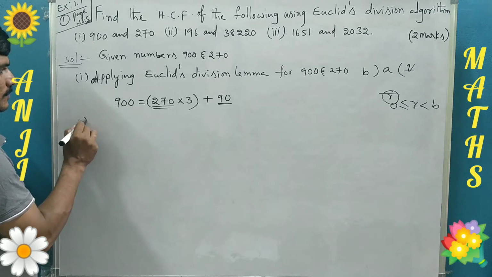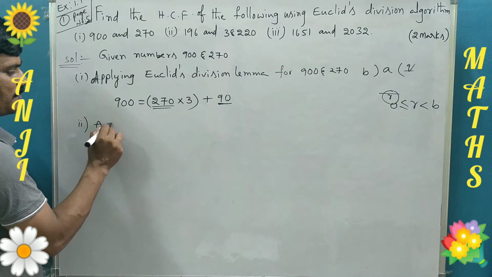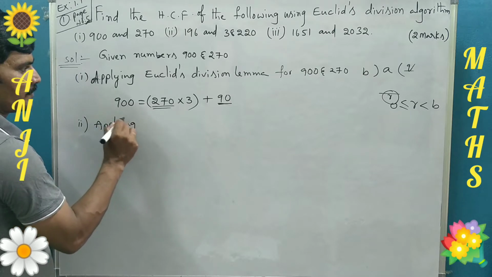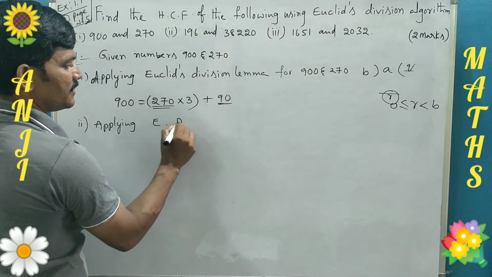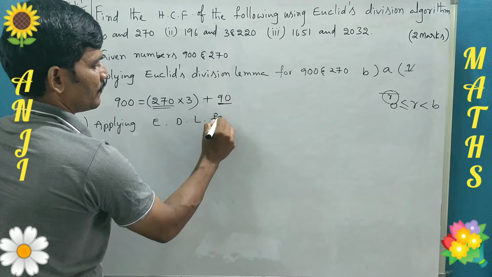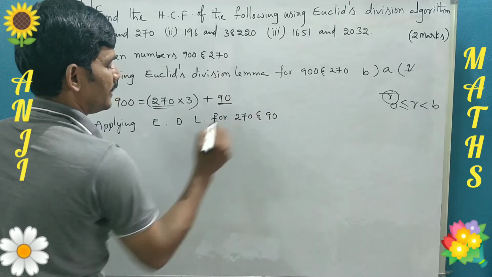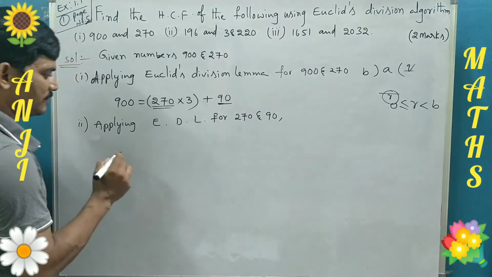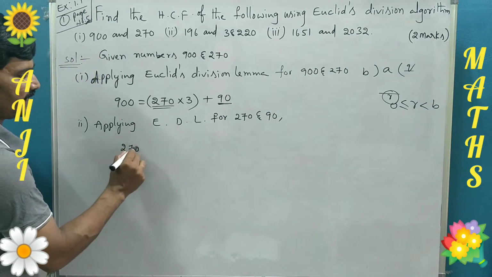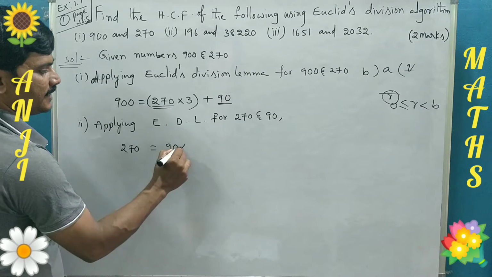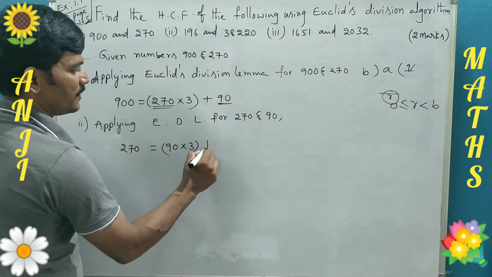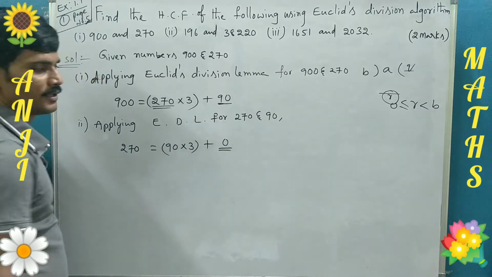Step 2, same, applying Euclid's division lemma for 270 and 90. What do you get? 270 can be written as 90 times 3 plus 0.